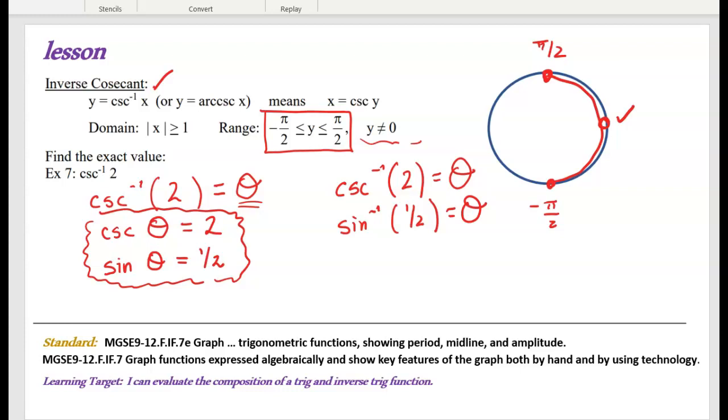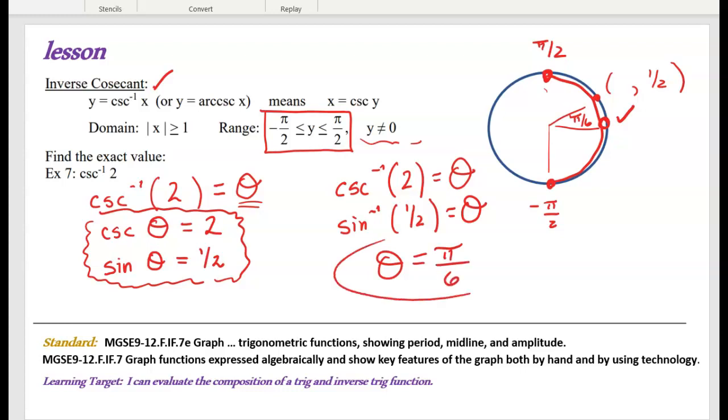Same angle gives me out reciprocal values. Okay, now the problem becomes sine inverse of 1/2, which means my y value is 1/2. What angle gives me a y value of 1/2? I know that that's pi over 6. Theta is pi over 6.